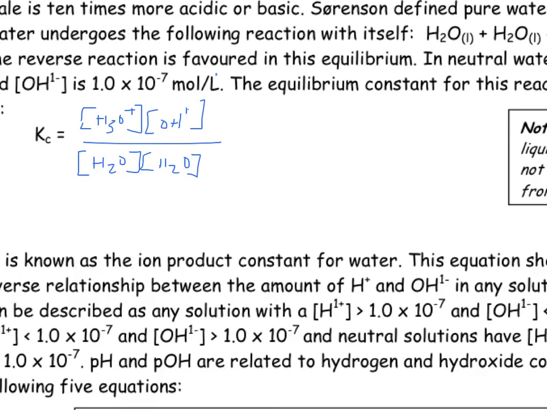We have two pure liquids in our equation, both being water. If we ignore those in the equilibrium expression, we can no longer call it a Kc. We then call it a Kw, because this is the equilibrium constant for water.